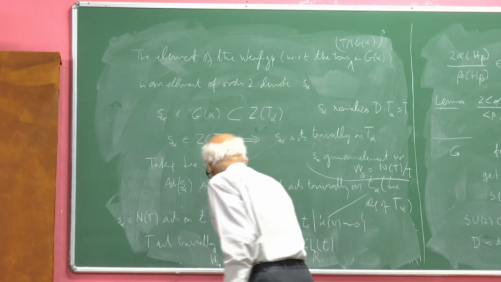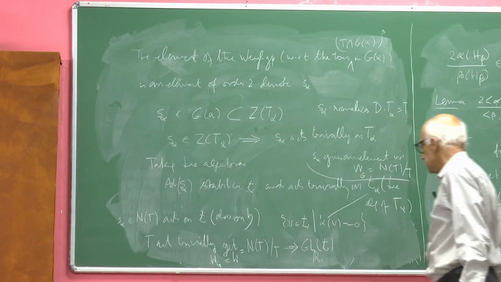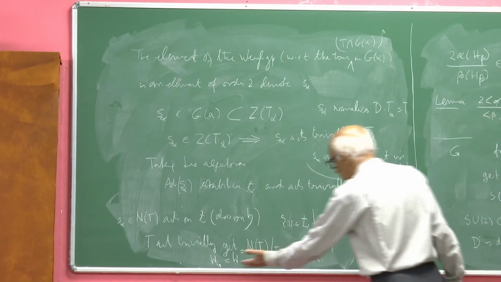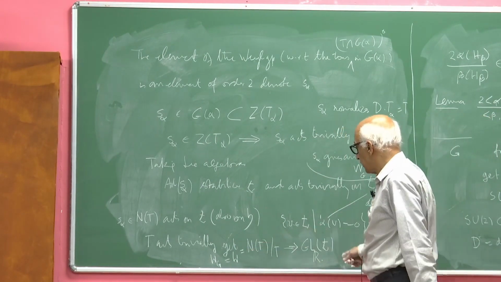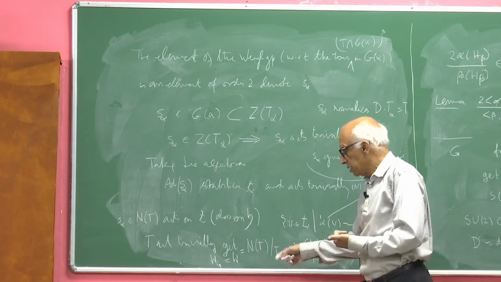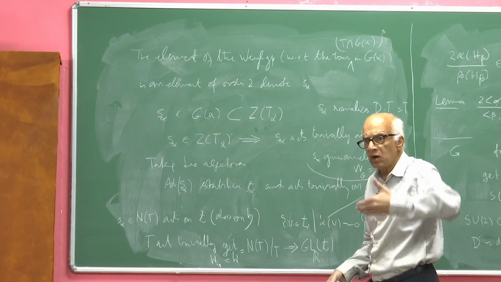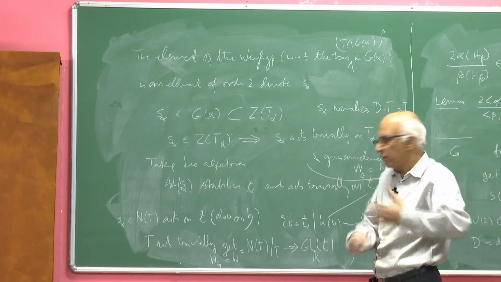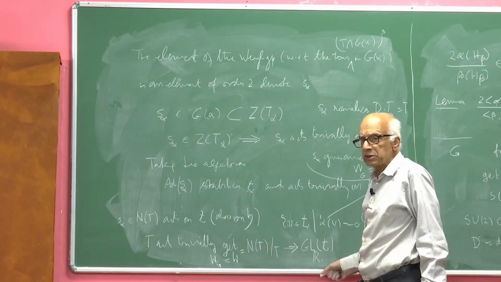I will now just write W instead of WG. So the Weyl group acts on this, and what is more, it acts faithfully, because if you take an element in WG which is not in T, then its action on T is non-trivial, therefore on the Lie algebra it is non-trivial, so it's a faithful representation.